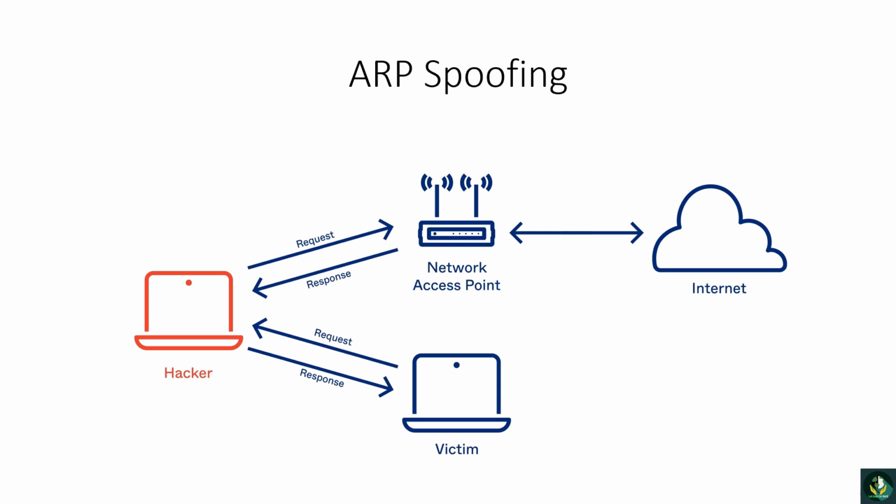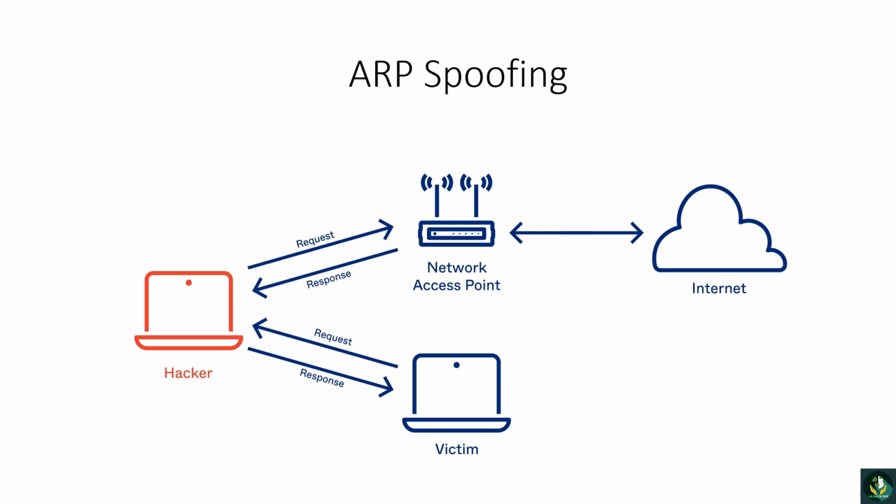So the result of this is that the victim is going to think that I am the router and the router is going to think that I am the victim. So anytime the victim wants to send a request, it will flow through my computer and I am going to forward it to the router.